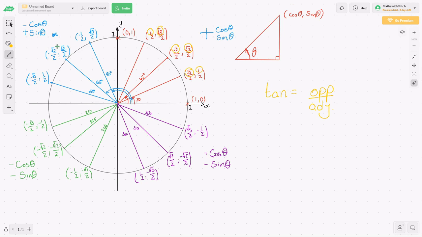But instead of opposite over adjacent this time, where we said this was opposite, this was adjacent, we can define it in terms of cos and sine, because we're now saying this is cos theta and this is sine theta. So we can now say tan theta is sine theta over cos theta. And we can use that to then think about whether tan is going to be positive or negative in each quadrant.